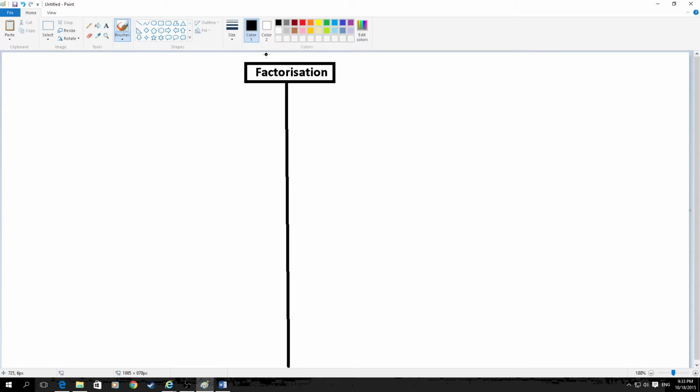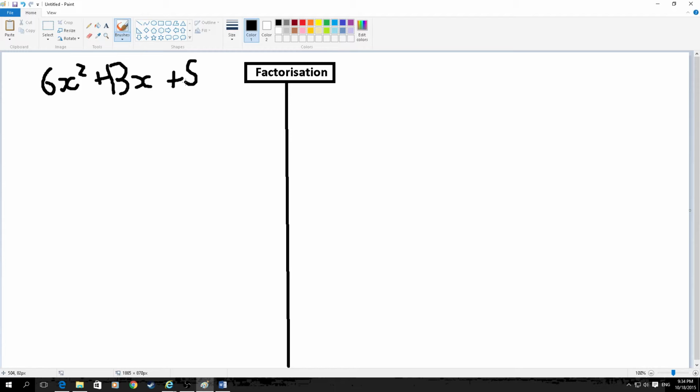Right, so I'll just try this: 6x squared plus 13x plus 5.